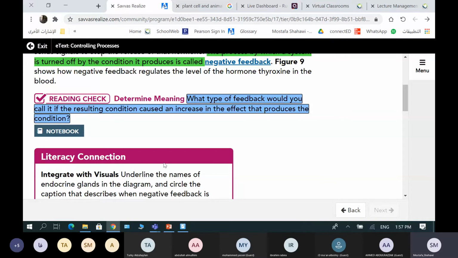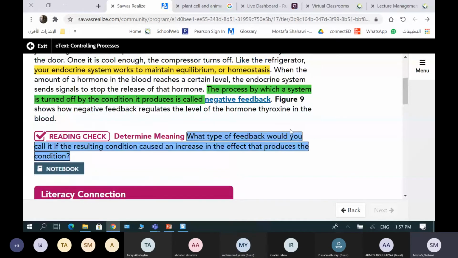After reading this one, he asks you this question. It's called a reading check. What type of feedback would you call it if the resulting condition caused an increase in the effect that produces that condition? Negative feedback. So this is called negative feedback.